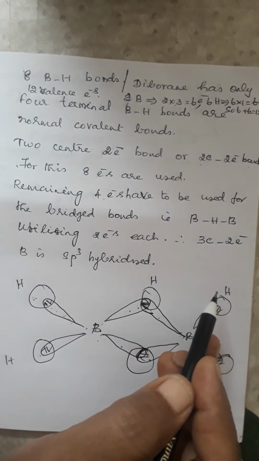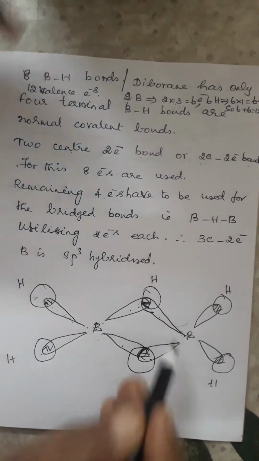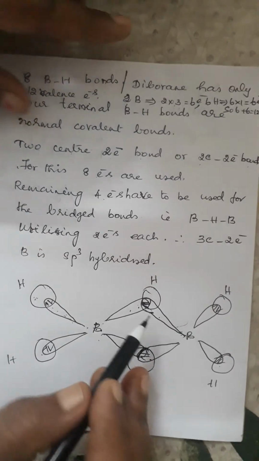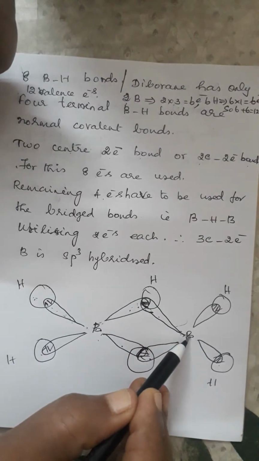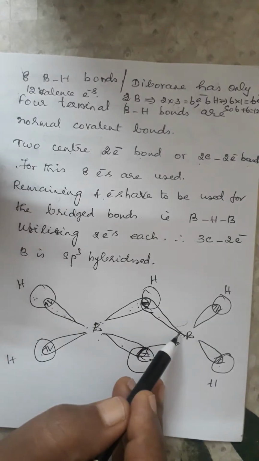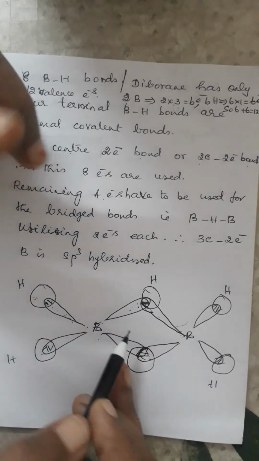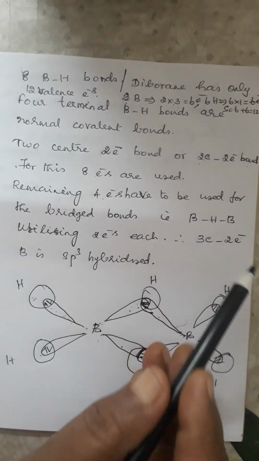For this BHB 2 electrons and for this BHB 2 electrons are used. Therefore, 1 boron, 1 hydrogen, 1 boron make a 3 center bond, which uses up only 2 electrons. Therefore, we can say 3 center, 2 electron bond.